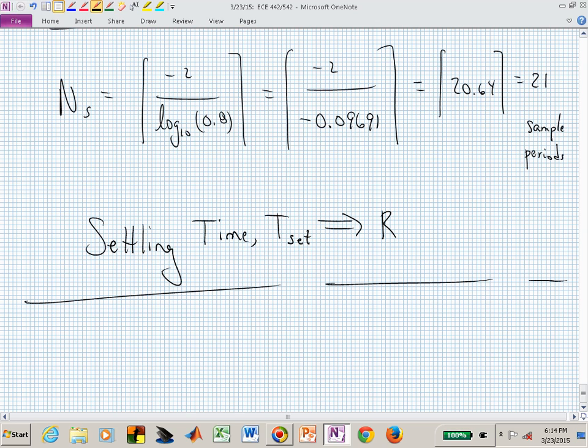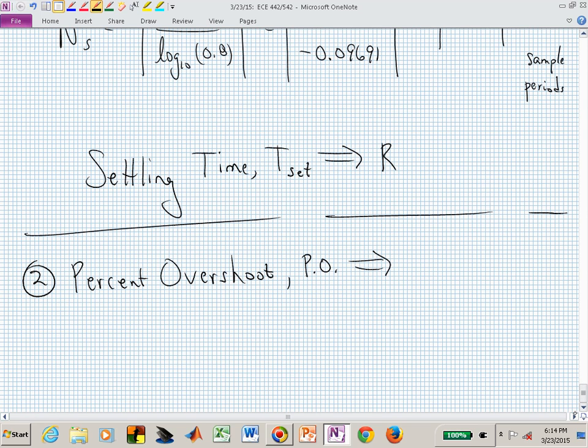Let's now look at percent overshoot. What was connected to percent overshoot in our parameterized poles in the S-plane? What did we think about when we had a given percent overshoot, or what did that translate into?